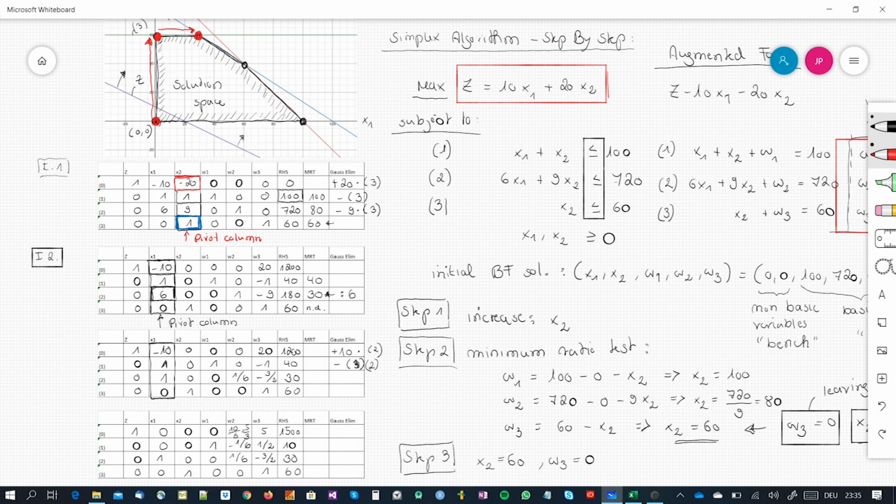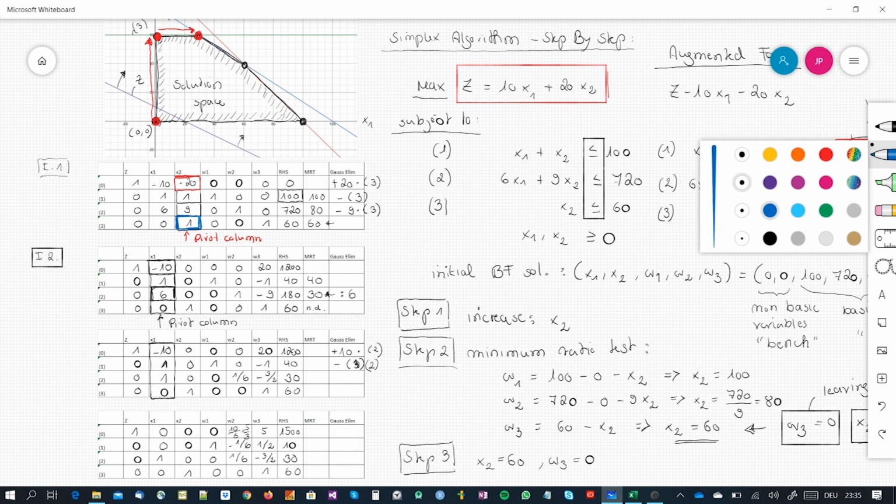We can read our optimal solution from the table by just looking at the ones.